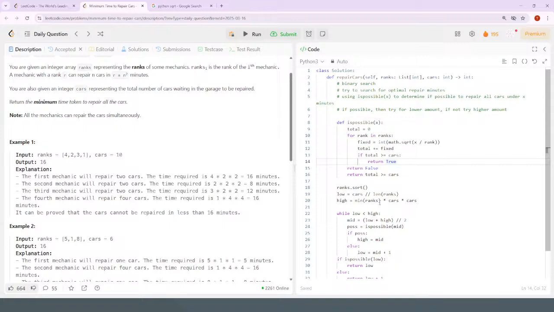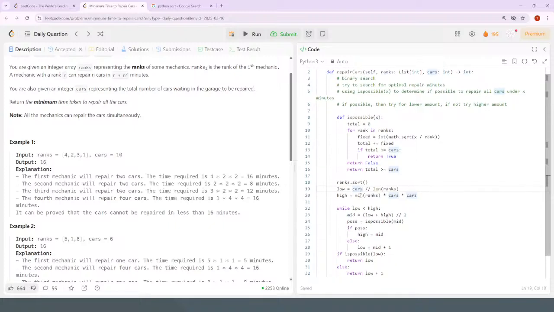Is there an optimization for the high? I think the low is kind of fine. The minimum number of ranks, the min of all the ranks, doing all the cars. Maybe that's a little too meh.